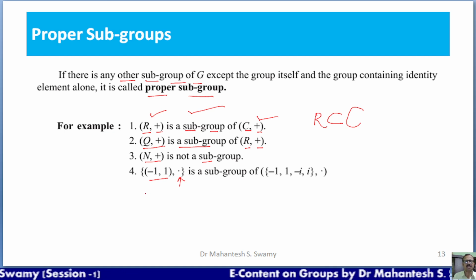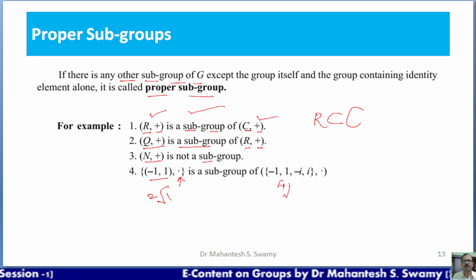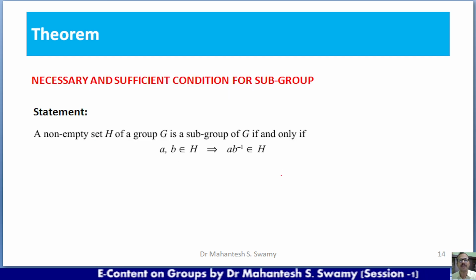This is the set of elements that are square roots of 1, and this is the set of fourth roots of 1. This set is containing the elements which are fourth roots of 1. So this is a group, and it is a subset of this. Therefore, this group is a subgroup of this group. So like this, we have defined the subgroup.